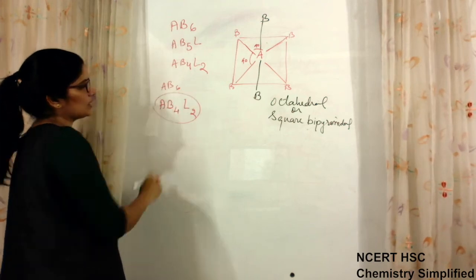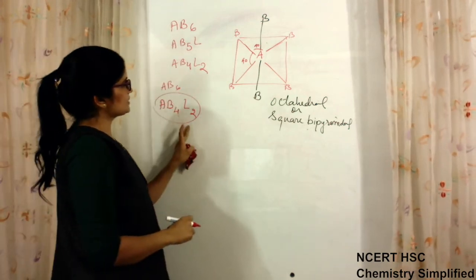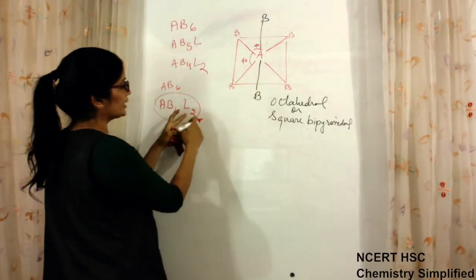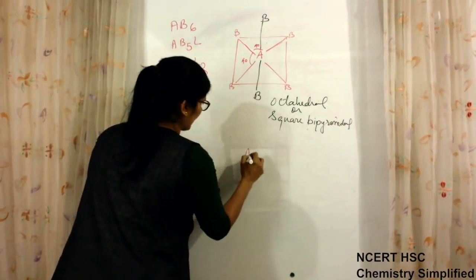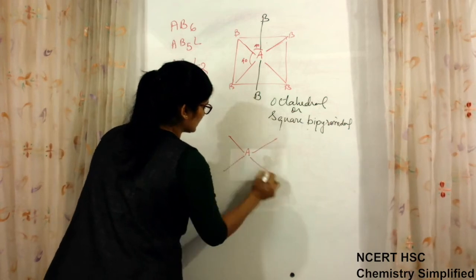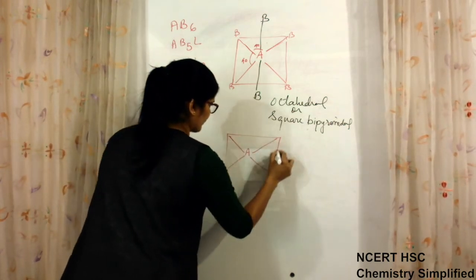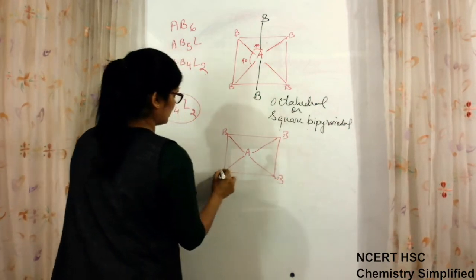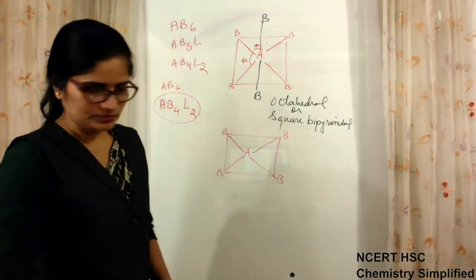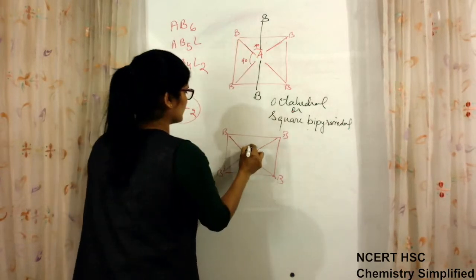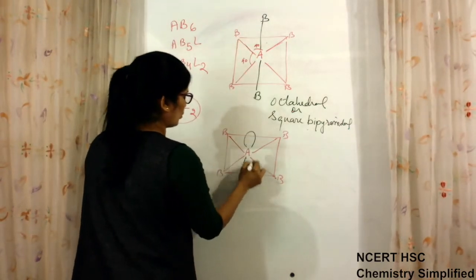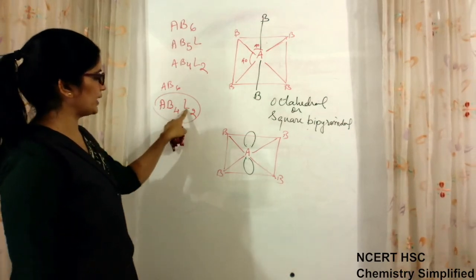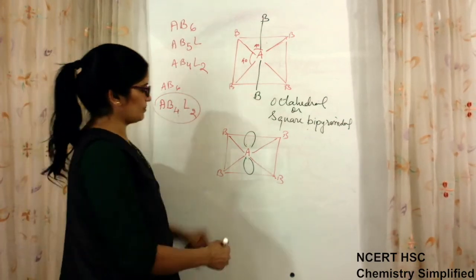If it is AB6, geometry is this, but it is not AB6, it is AB4L2. So what will happen? AB4 structure will be maintained as it is, and axial bonds will be replaced by lone pairs, and this will be the geometry for AB4L2 arising from AB6.